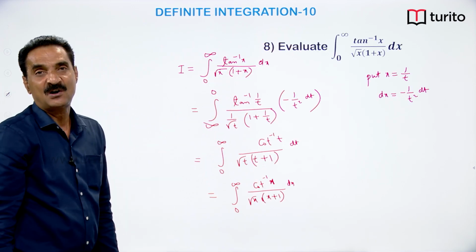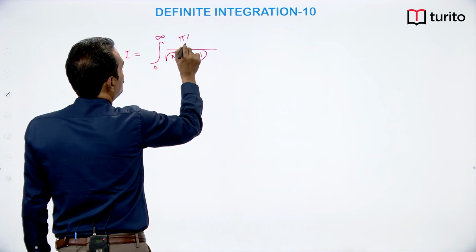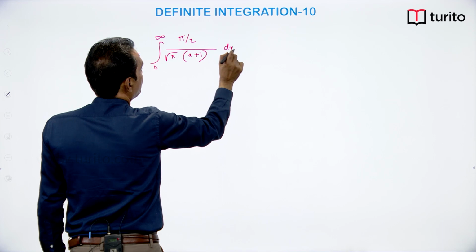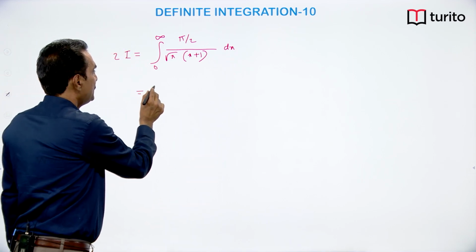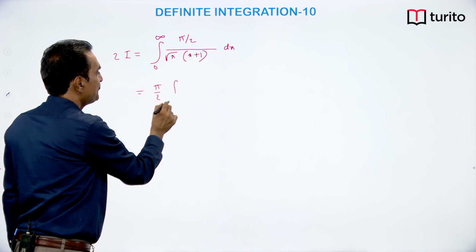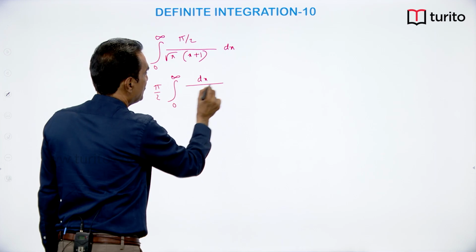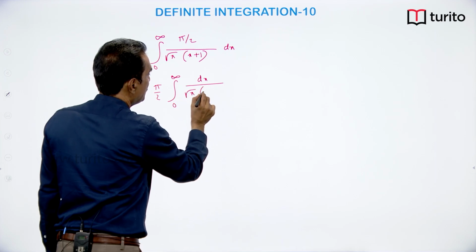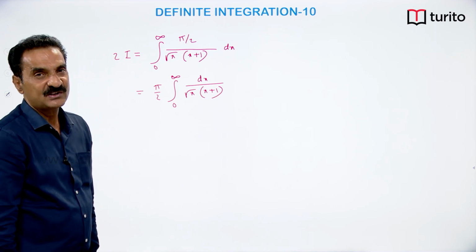Tan inverse x plus cot inverse x is pi by 2. So, numerator will be pi by 2 dx. Now, taking pi by 2 outside, dx by root x into x plus 1.